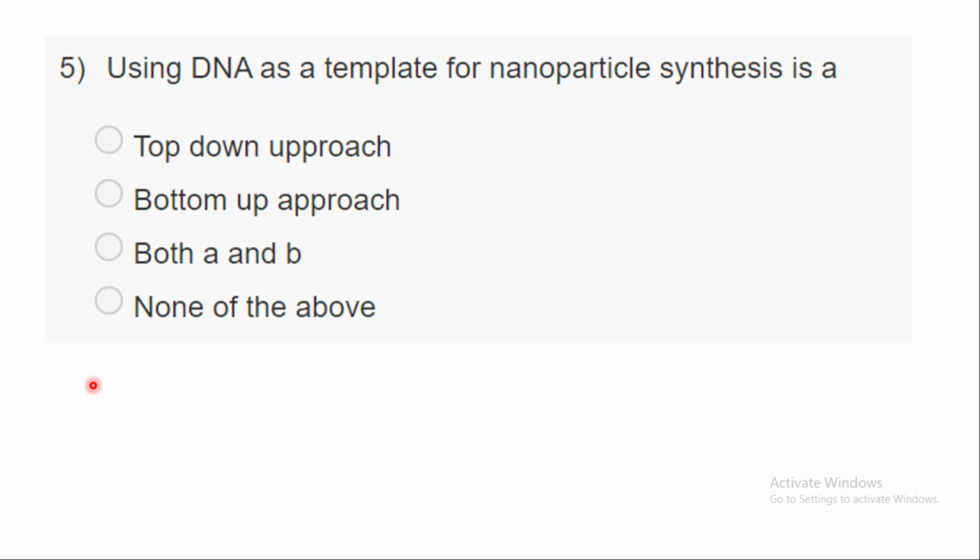Few people have answered option A. Let's wait for other students to answer. Is it a top-down approach, bottom-up approach, both top-down and bottom-up, or none of the approach? It's another type of approach.